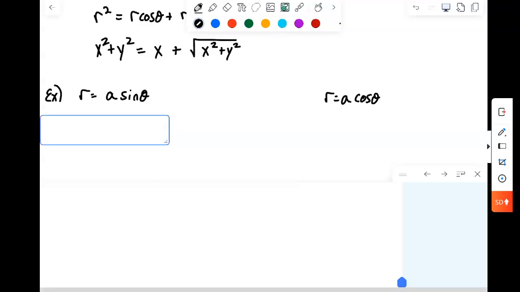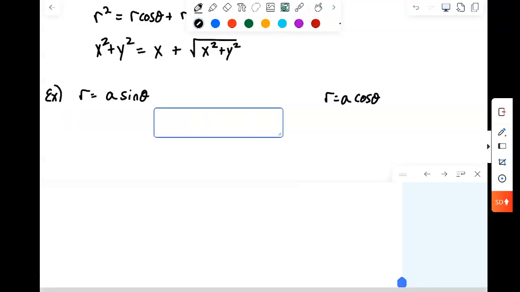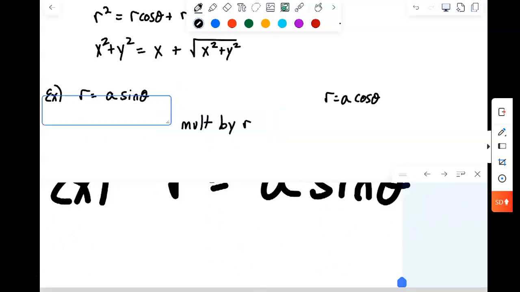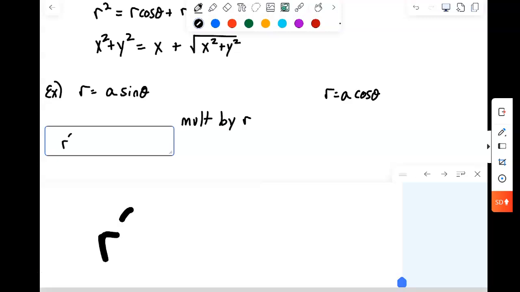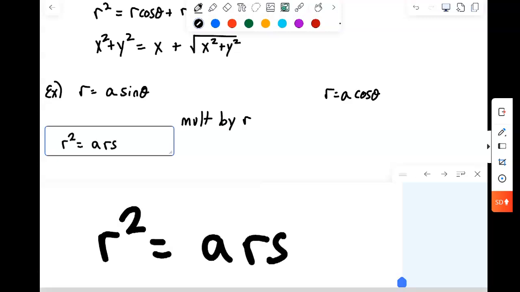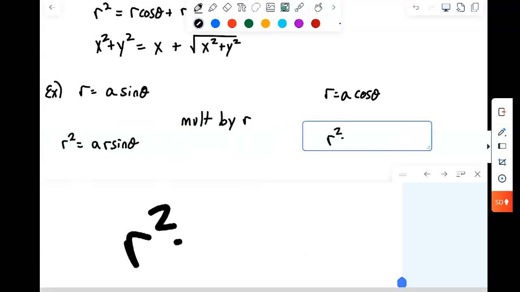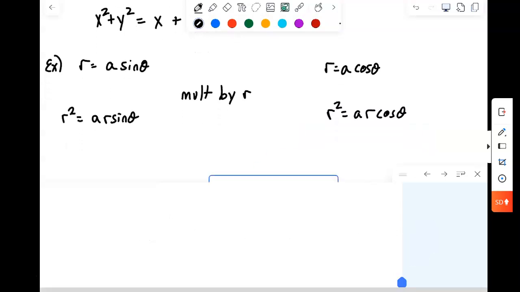Once again, we can multiply both sides by r in both cases to bring in the r form. So we get r squared equals a r sine theta, or over here, r squared equals a r cosine theta.